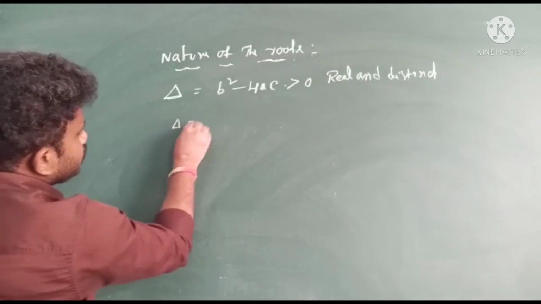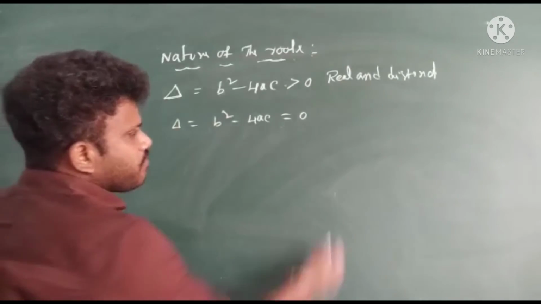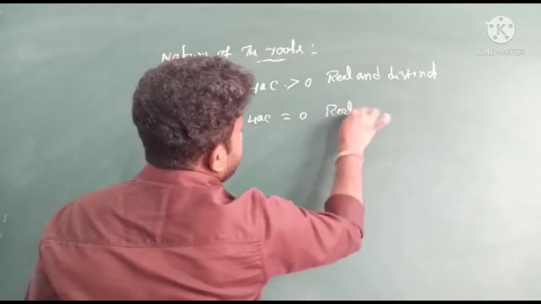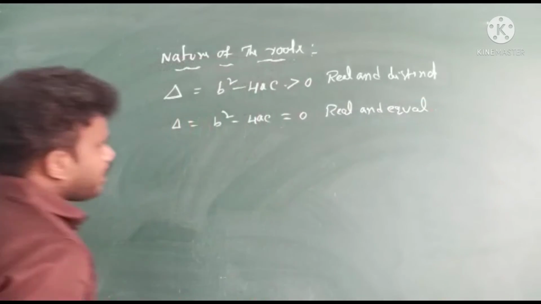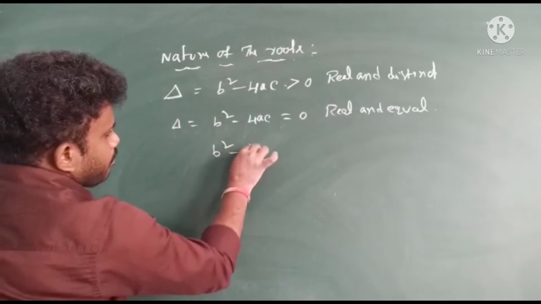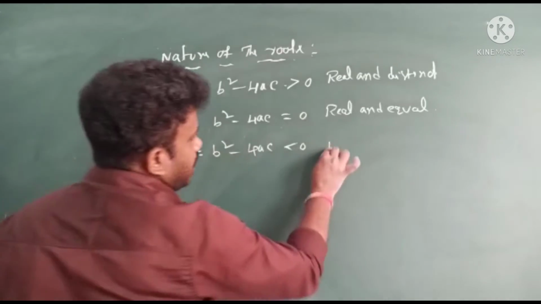When delta is equal to b square minus 4ac equal to 0, then we can say that roots are real and equal. When delta b square minus 4ac is less than 0, then we can say that no real roots.